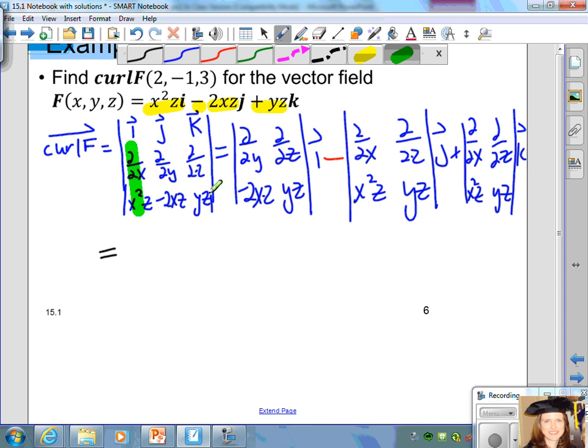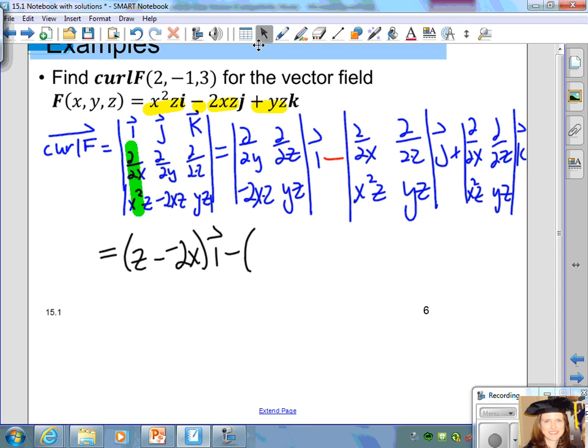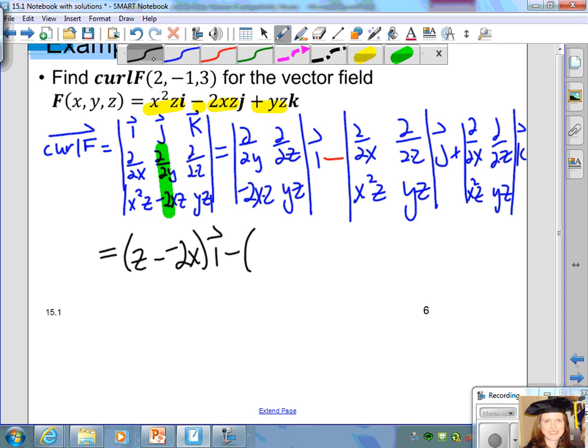Take the partial with respect to y of yz. That partial derivative is z, minus the partial of this with respect to z. That's going to be minus your negative 2x. That's your i, minus, okay, take that middle one, just cover up that middle term and find the determinant of what's left here.